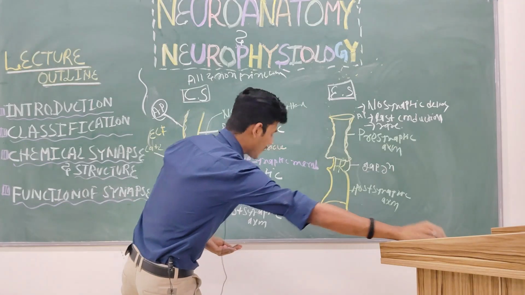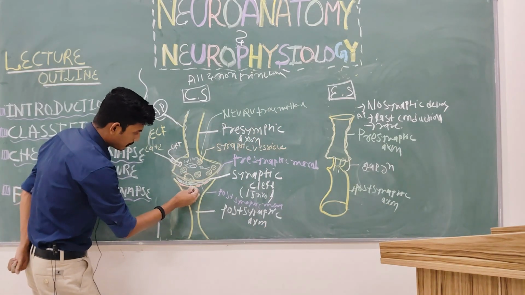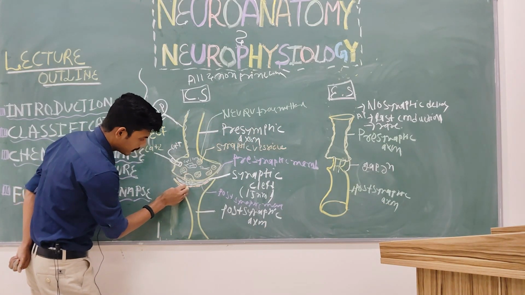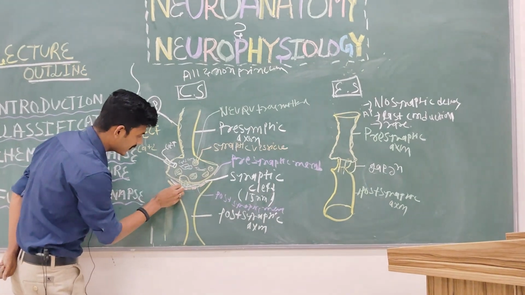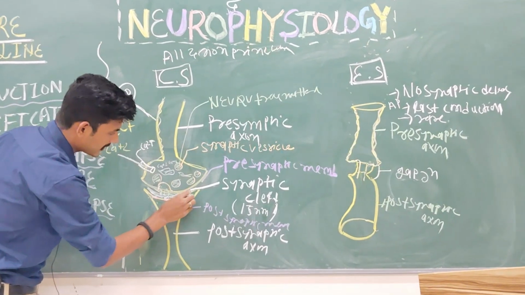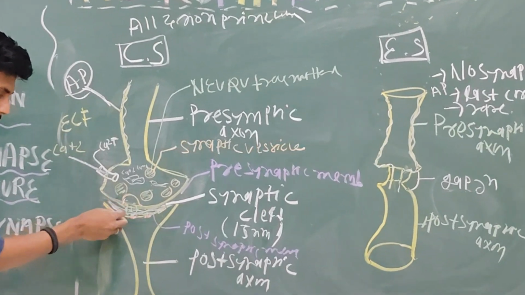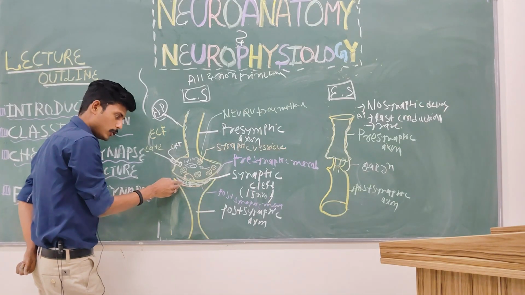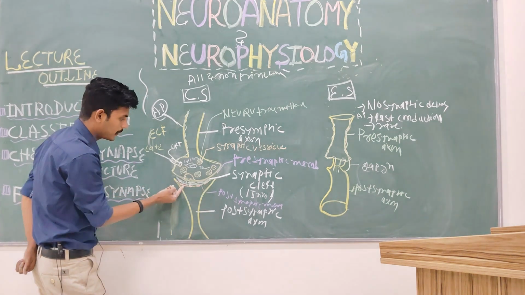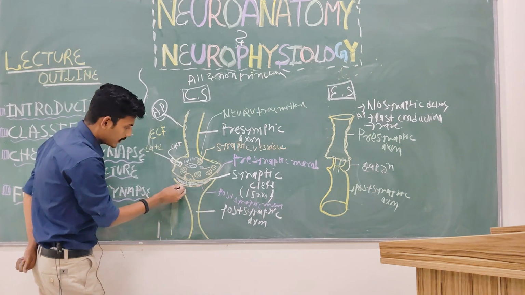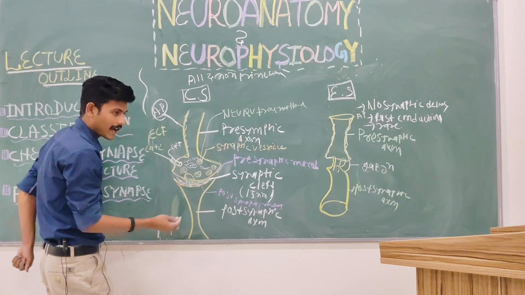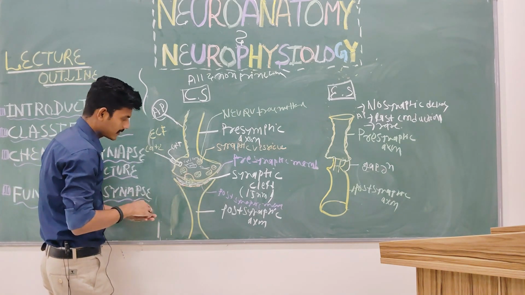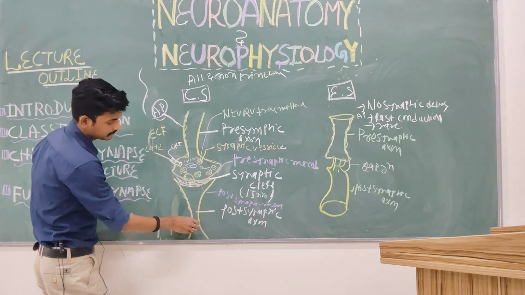Now these neurotransmitters come and bind with their respective receptors, and then once they make the receptor-neurotransmitter complex, the axon is activated again, and further the message is sent.